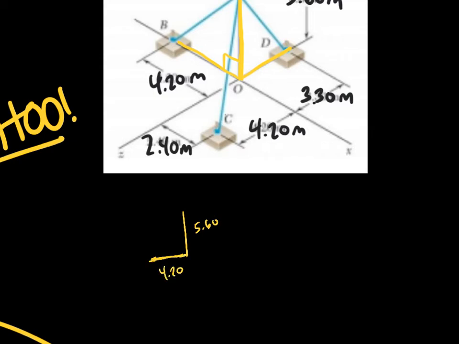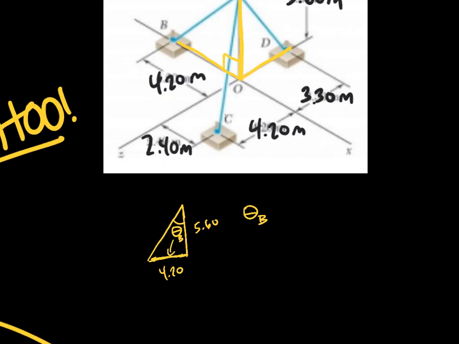Really, any angle we want is going to work for this, but I like to make all of my angles go out from the free body diagram. That's usually the best way to do this. So I want this angle right here, we'll call it theta B. How do we get at theta B?